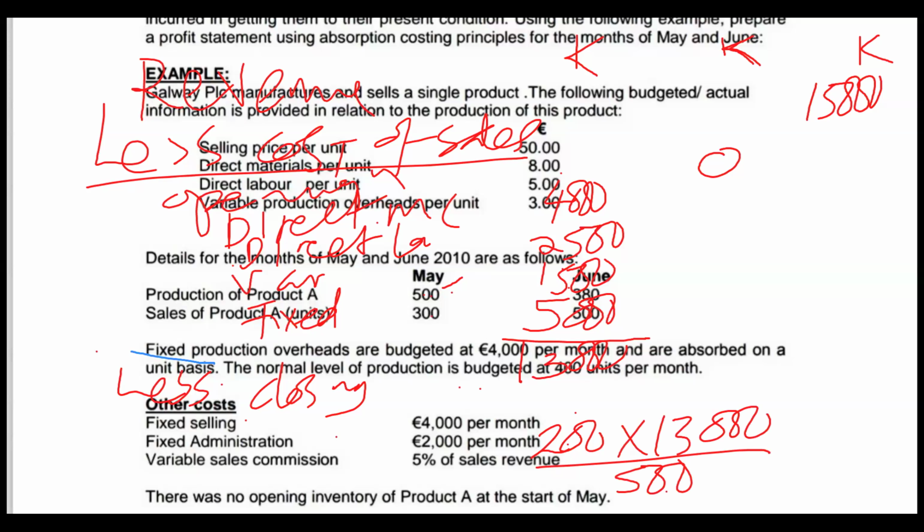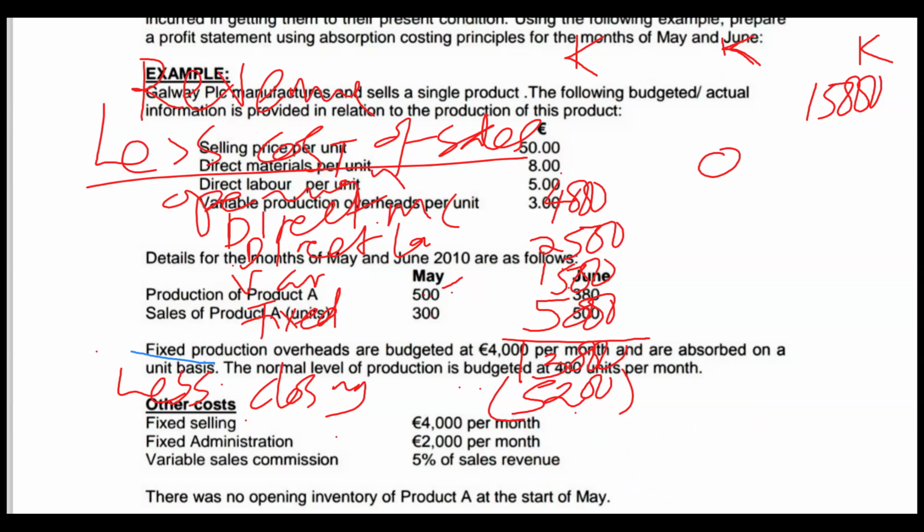What is the closing inventory? 5,200. Yeah, this makes sense.